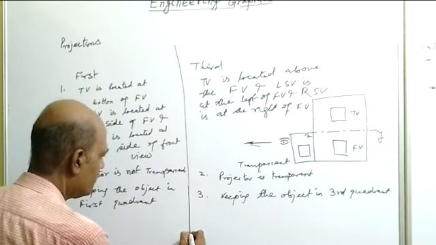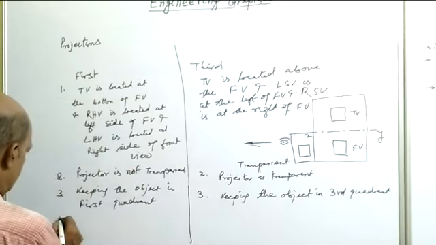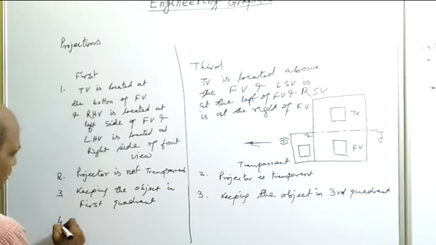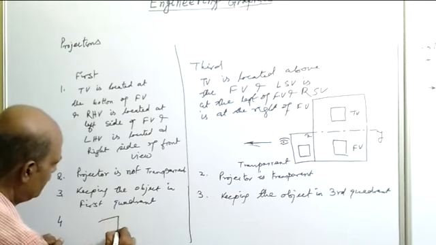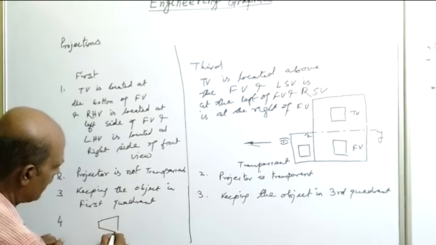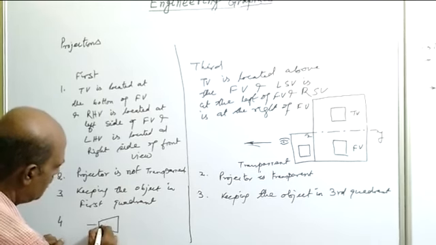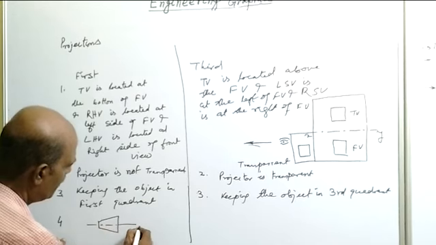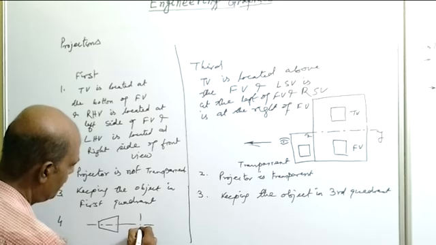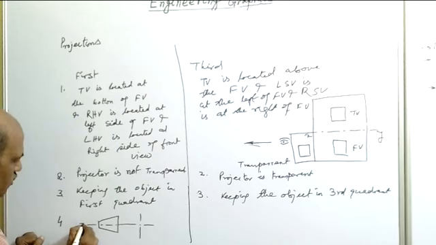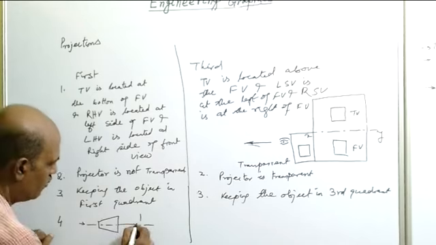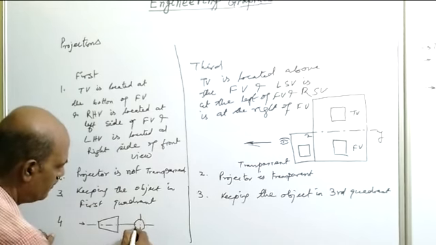Next, the symbol of projection. In first angle projection, say this is the truncated cone, and if we need to show the side view, the right hand side, so this side if we want to show the view, the left hand side view, if you look from the left hand, you can find this circle as well as this circle. So both the circles will be drawn with thick lines.